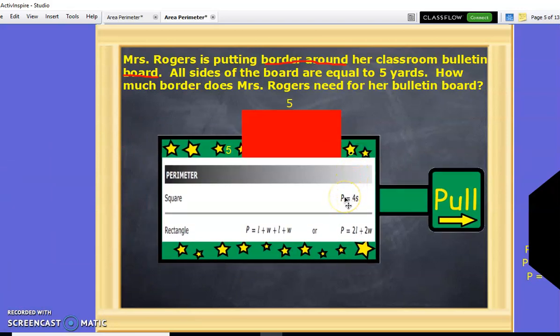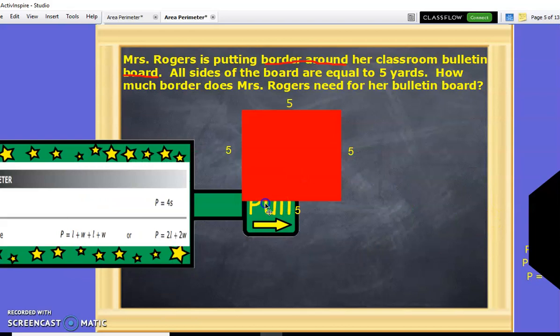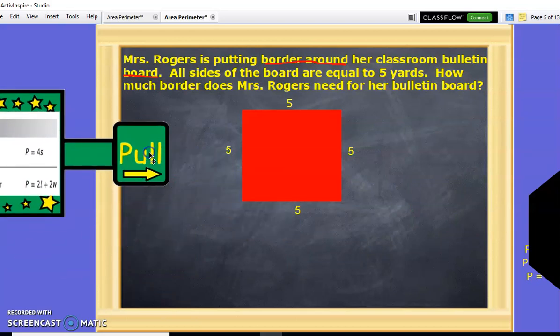We're going to use this formula and this formula to solve our problem. Here's the first formula. P is equal to 5 plus 5 plus 5 plus 5. Or you could use P is equal to 4 times 5.